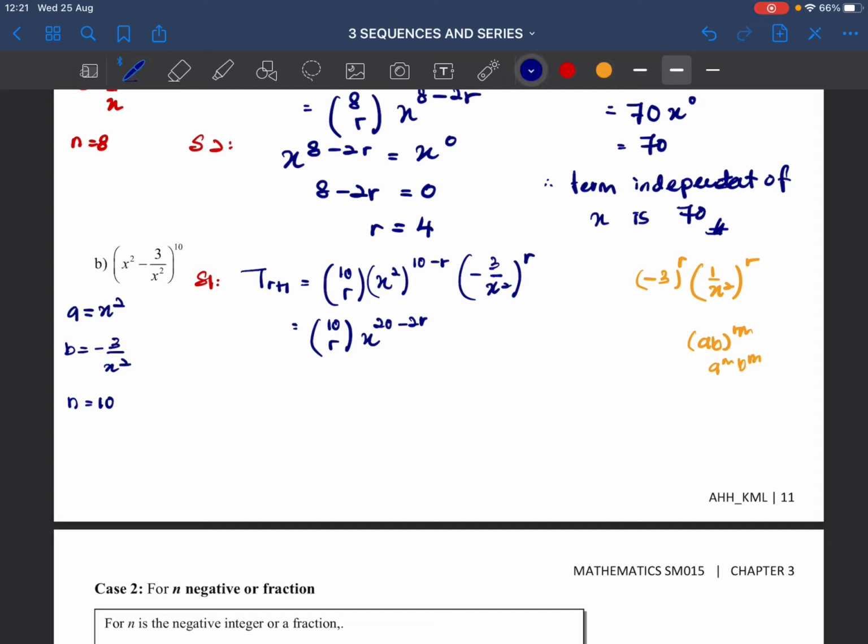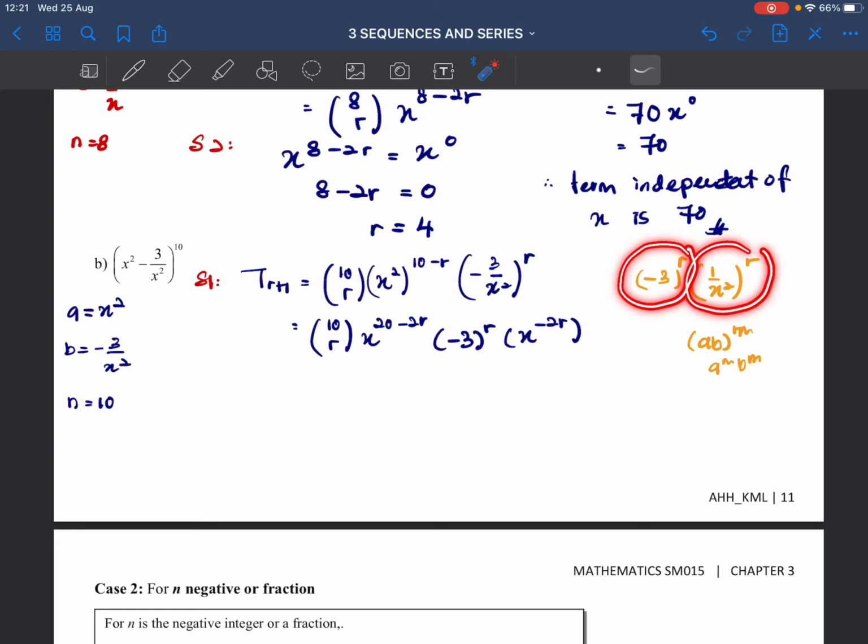So now negative 3 we can take out, negative 3 to the power of r. And then 1 over x squared will be x to the power of negative 2r. Okay, can you understand that? Let me explain once more. Here, we just expand the power because we have a power again, and then we will multiply 20 minus 2r. So for this one, we will separate negative 3 to the power of r and 1 over x squared to the power of r.